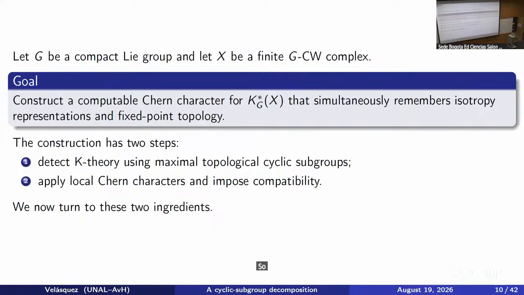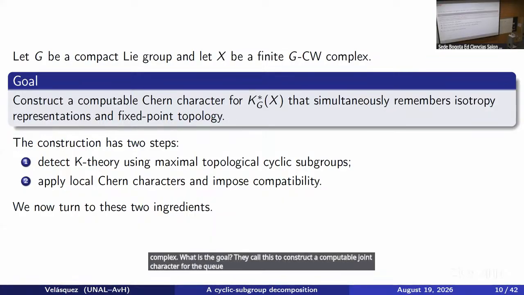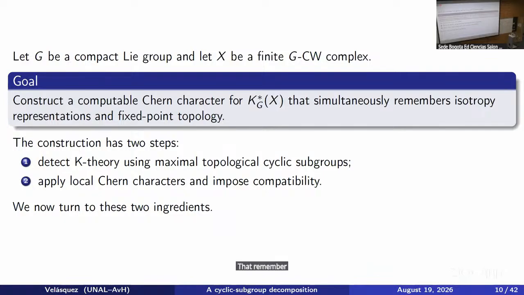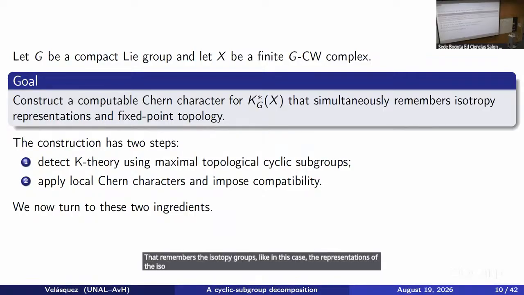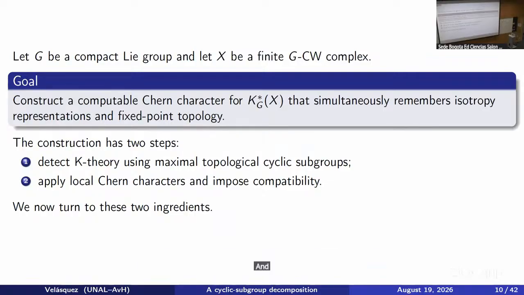So, let G be a compact Lie group, let X be a finite G-CW complex. What is the goal? The goal is to construct a computable Chern character for equivariant K-theory that remembers the isotropy groups, like in this case, the representations of the isotropy groups, and also the topology of the fixed points. The construction has 2 steps.